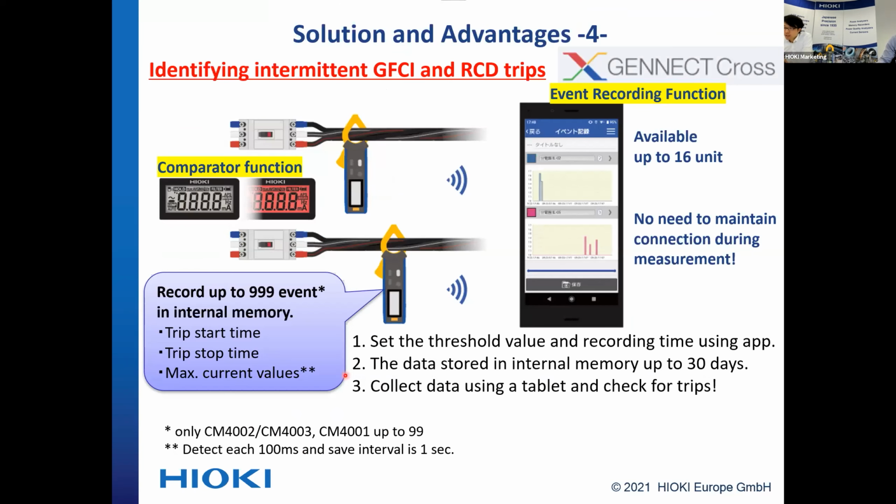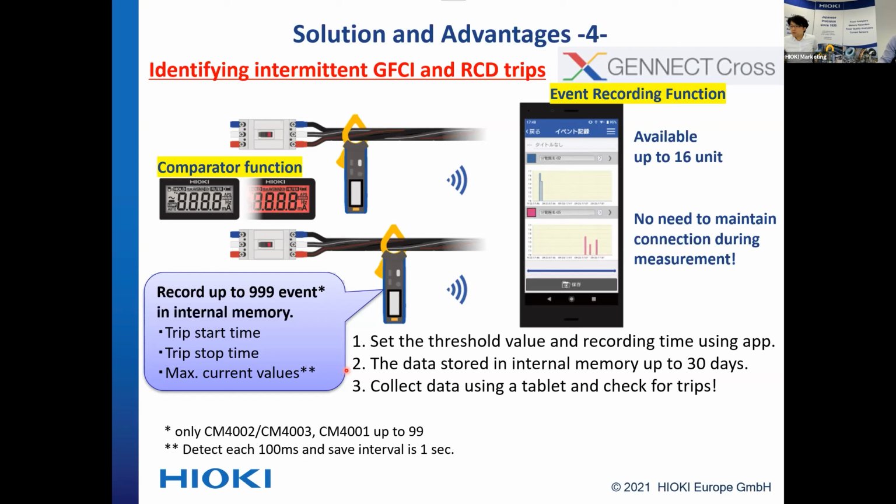Okay. This product can transfer the measurement data to your smartphone via Bluetooth communication. The Gennect Cross is a free app provided by HIOKI, available for iOS and Android OS. Later, I will show you a short video on how to use the app for general measurements.